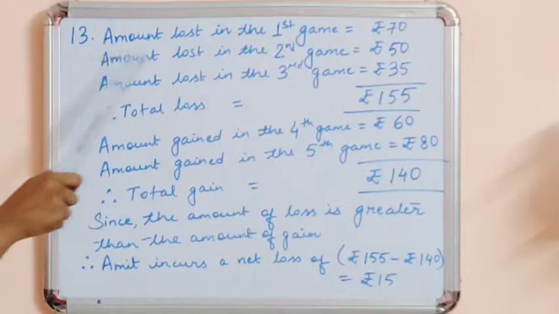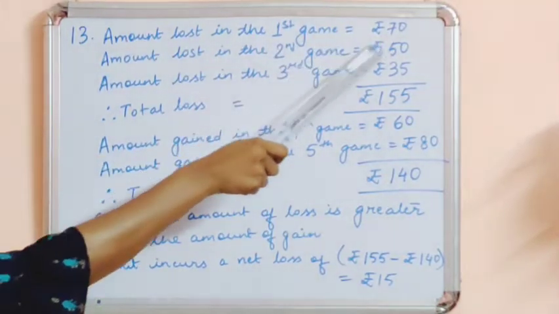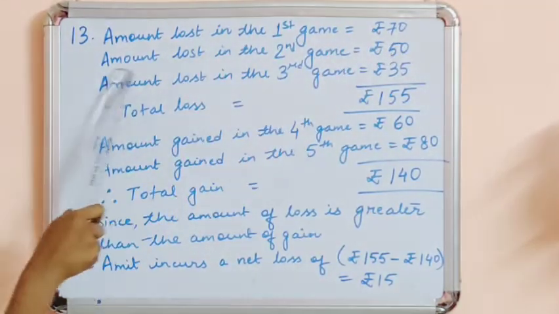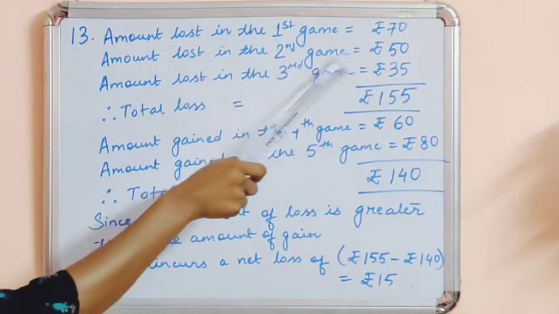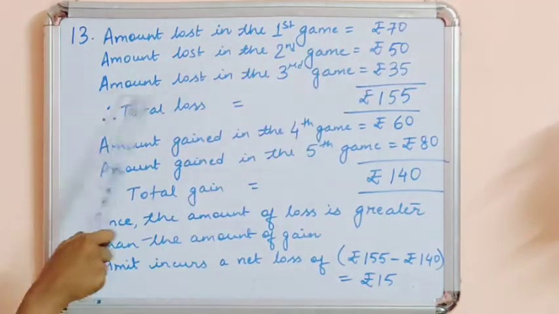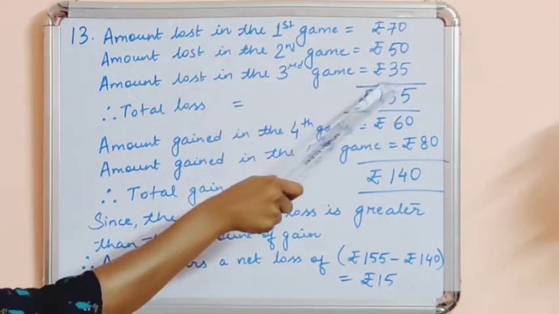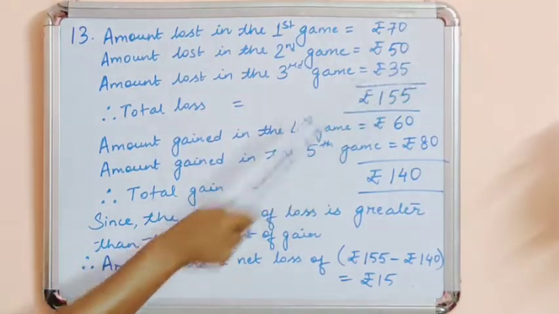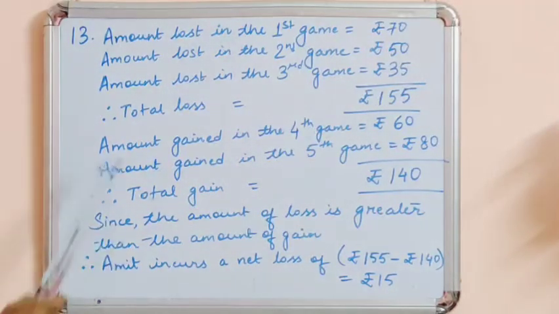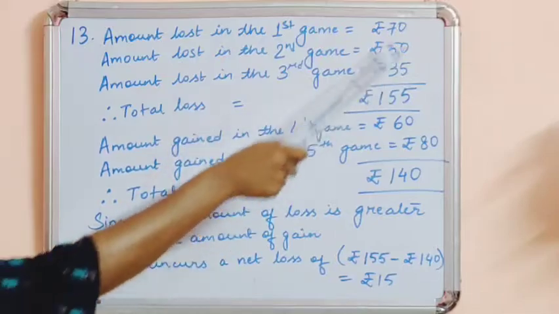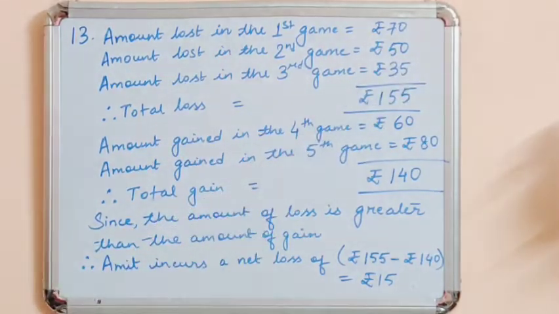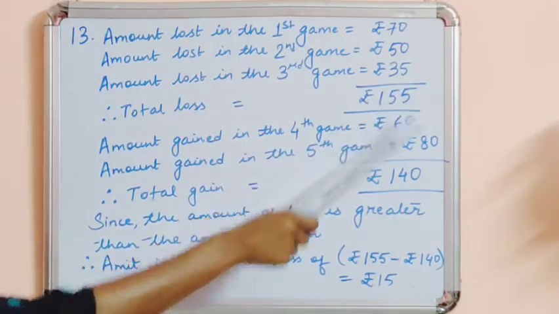So amount lost in the first game is equal to rupees 70. Amount lost in the second game is equal to rupees 50. Amount lost in the third game is equal to rupees 35. These three details are given in your question. So the total loss will be the addition of these three, that is rupees 155.